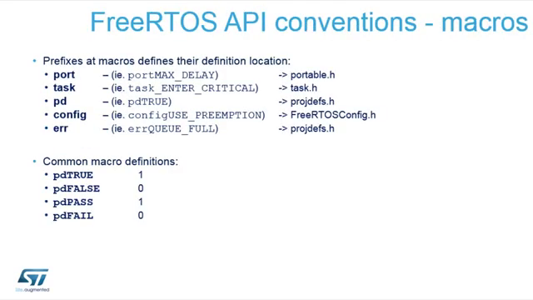Further, it gives you macros. These macros are constructed so that the first part of the macro defines the file where such macro is defined. So you can see that, for example, if it begins with a PD, it is defined in the project definitions.